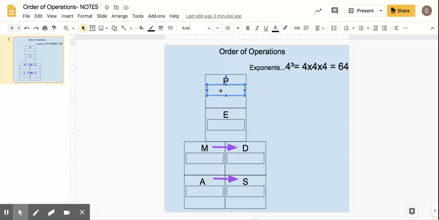So the P stands for parentheses. This is also known as grouping now, so we'll throw that word in.